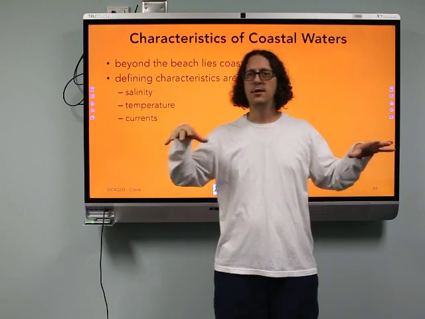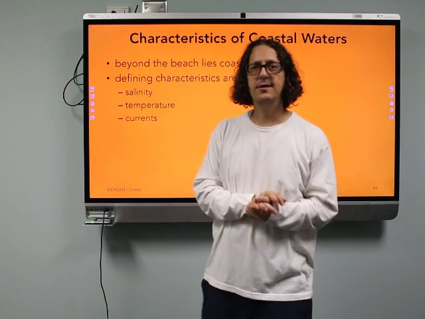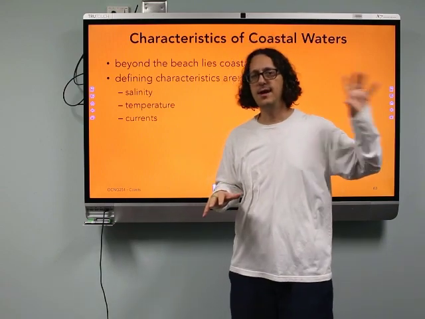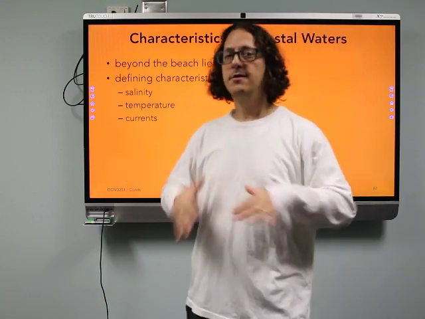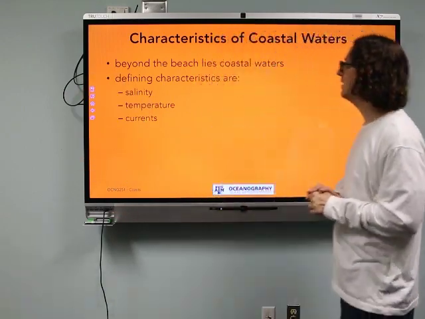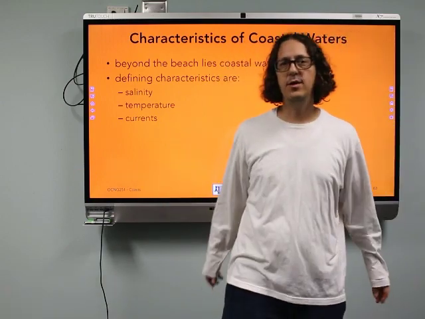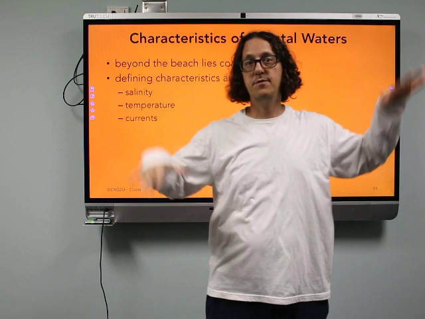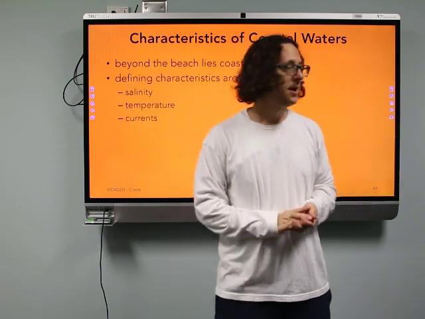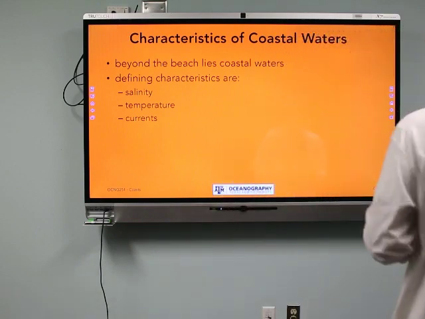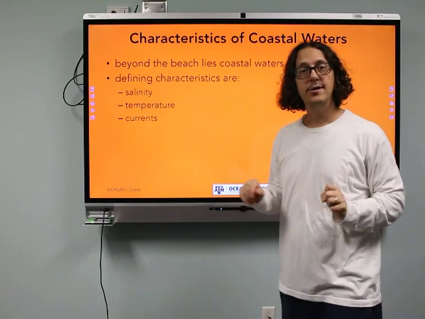It's a little more stable, right, than that of the land, which can alternate a little bit more because remember, land has a much lower specific heat than water does. Water has very high specific heat. So coastal areas are really interesting chemically and physically. And then currents, because of the winds and whatnot, also because you have heat differences over land and the ocean, that creates winds, which creates currents. So the defining characteristics of coastal waters are salinity, temperature, currents.